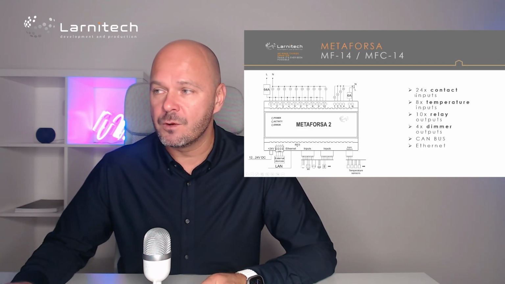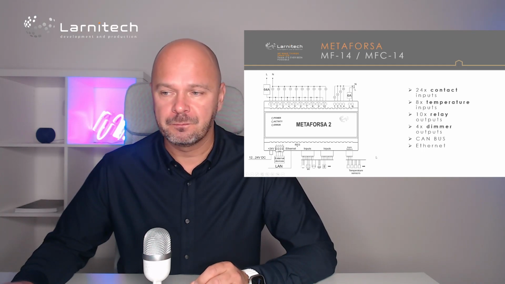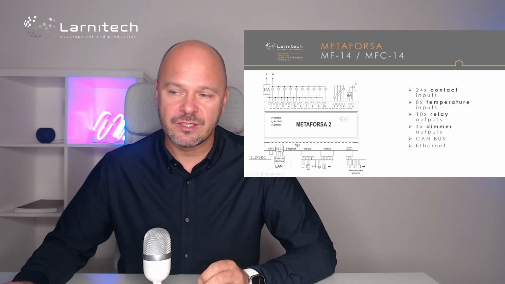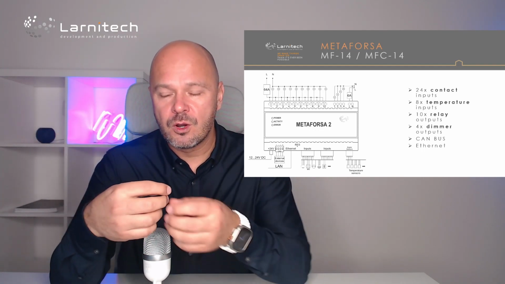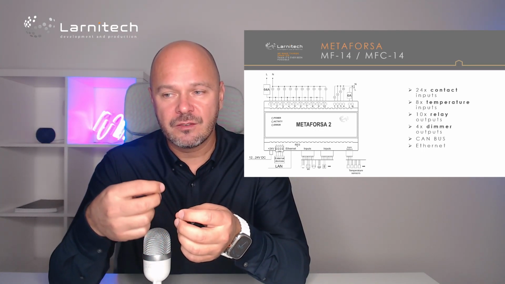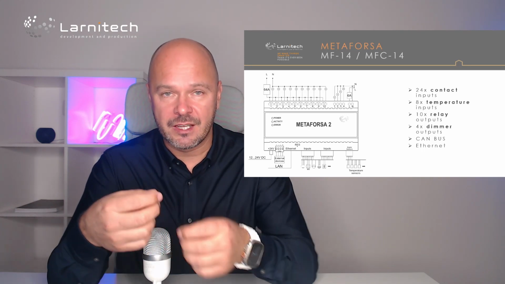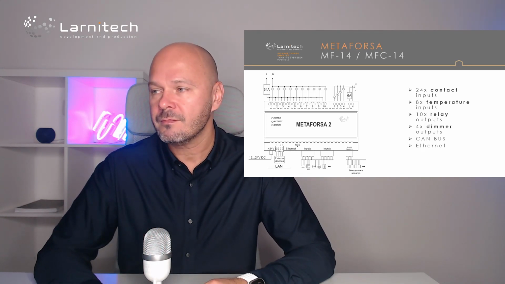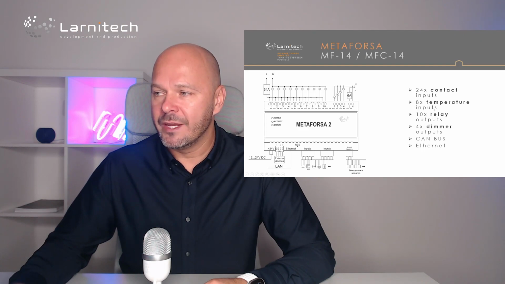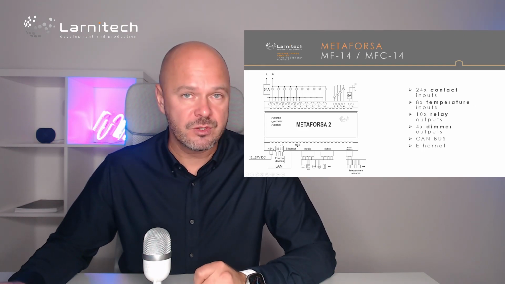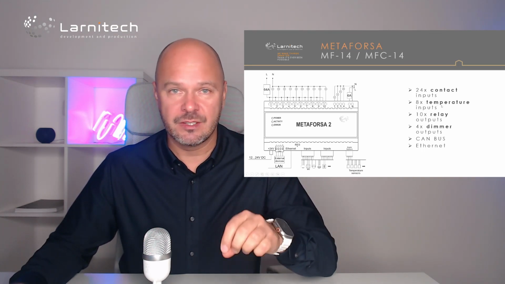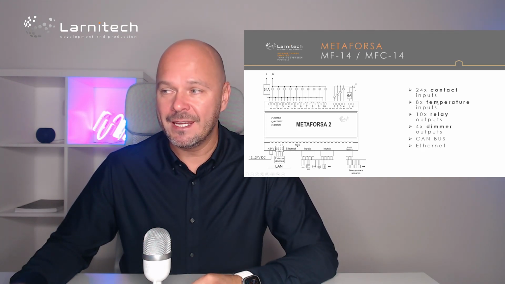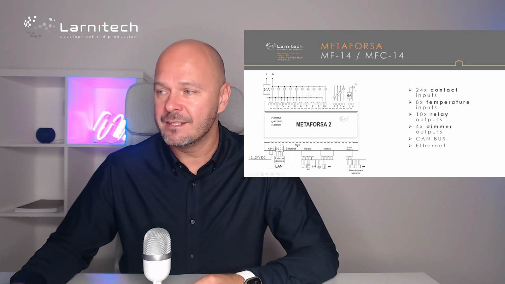We have 24 contact inputs with the power. So you can use 4 wires connection, 3 wires connection, and 2 wires connection to sensors. We have 8 temperature inputs, yes, and only 4 temperature sensors in the box, but up to 8 you can extend it.